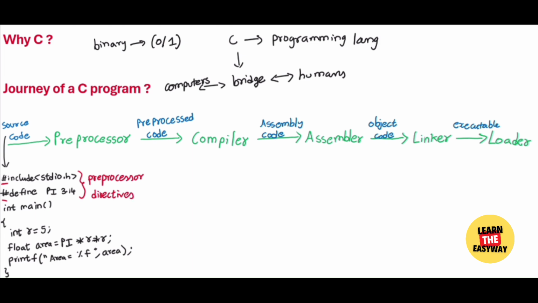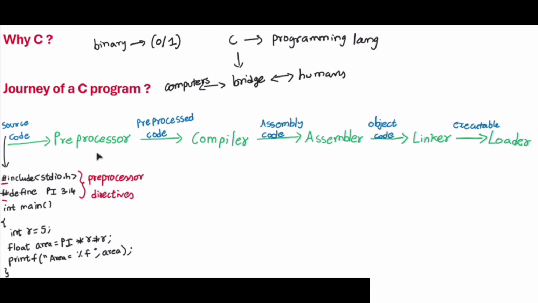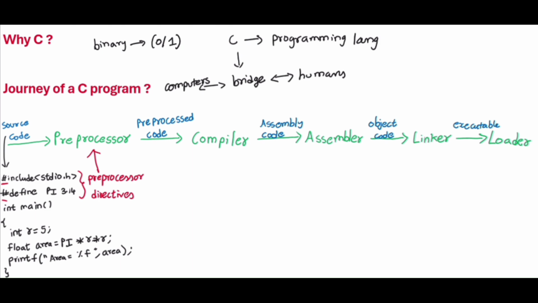So what are these preprocessor directives? These are certain commands that instruct the preprocessor to perform specific actions. And remember one thing, all the preprocessor directives start with the hash symbol. Every preprocessor directive has its own use case.